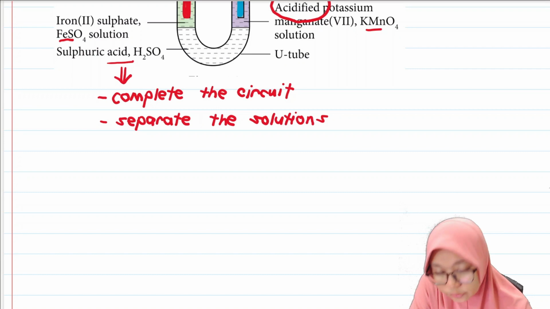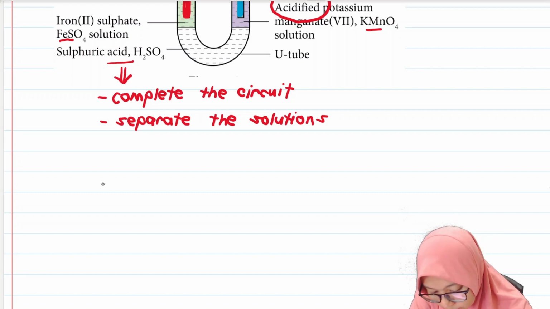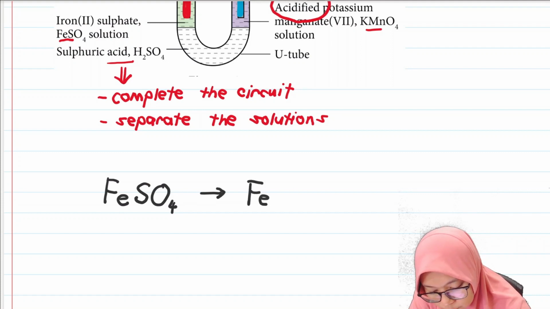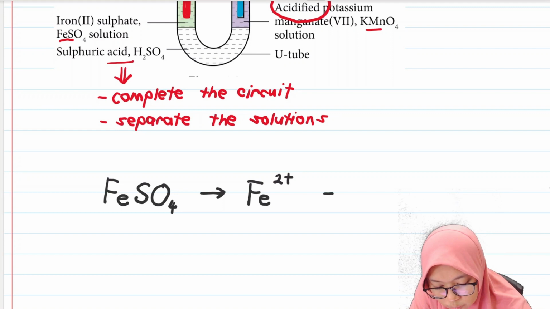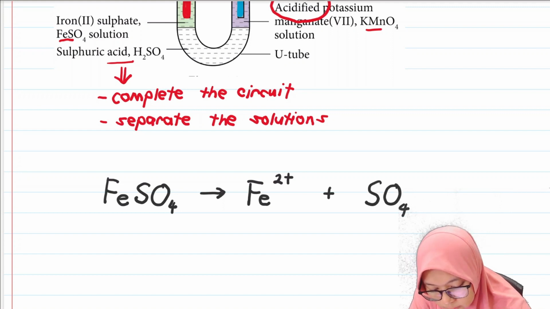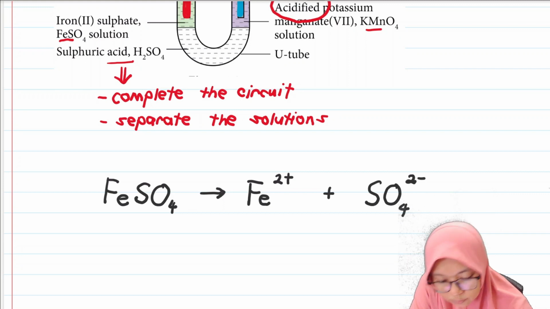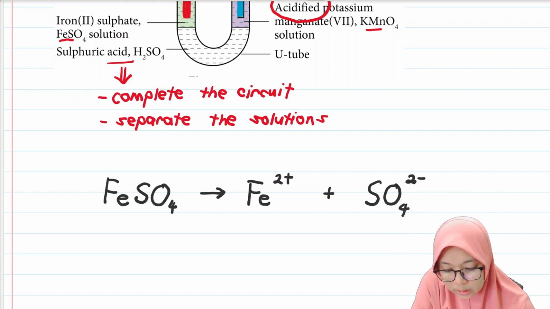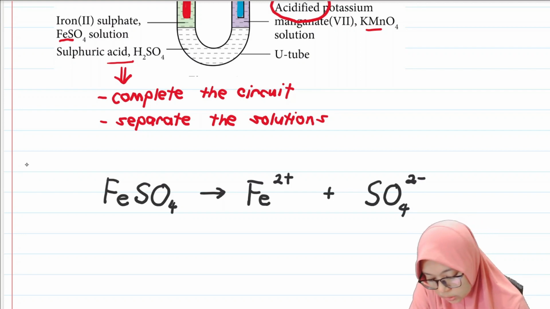In this solution, you have iron 2 sulfate. So FeSO4 will ionize to form iron 2 plus and sulfate 2 negative ion. Okay, this is the ionization equation.